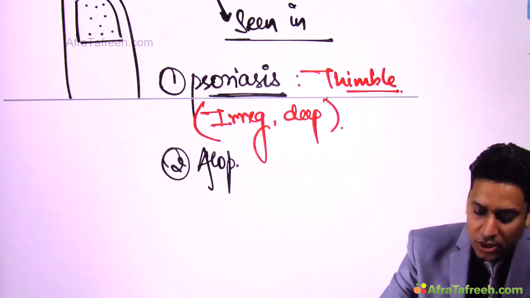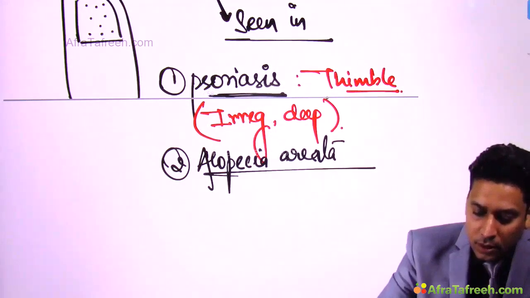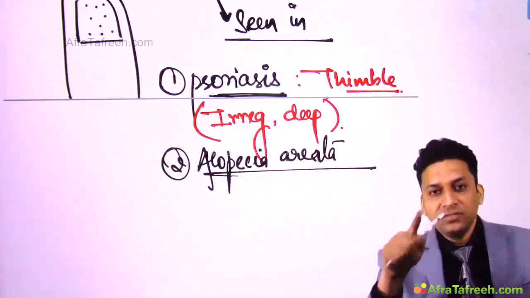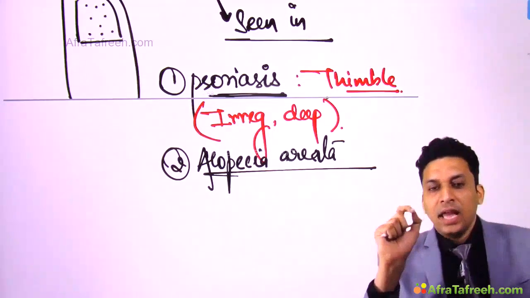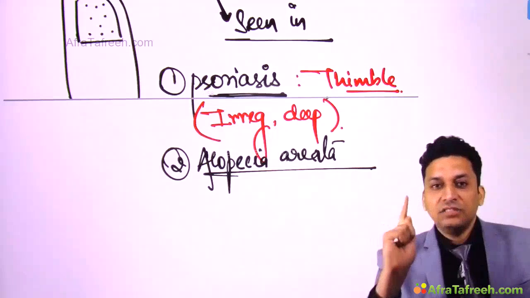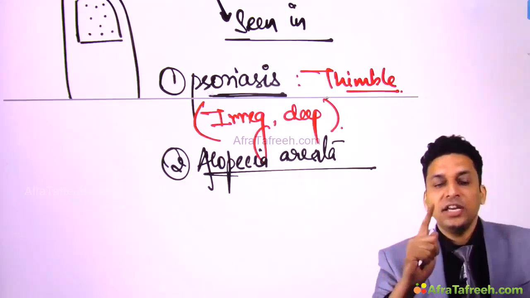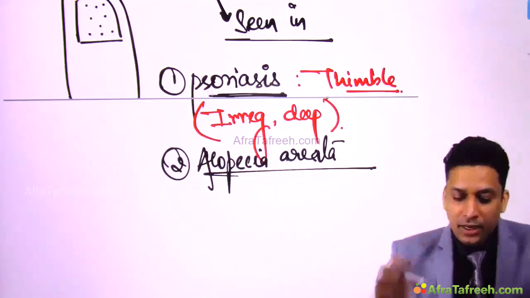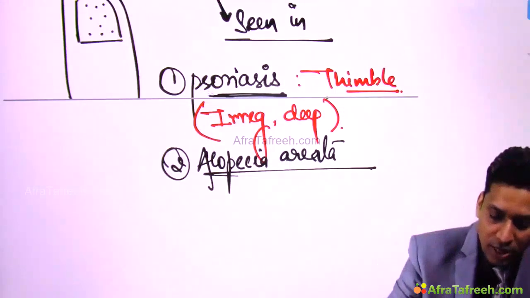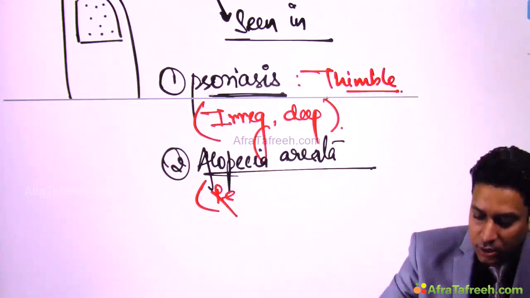Then alopecia areata. In hair disorders, we have already discussed alopecia areata, and let me tell you that there is one nail change which is associated with alopecia areata, and that is pitting. So remember, in alopecia areata, nail change is also seen, and that is pitting. And this pitting of alopecia areata is regular and superficial.